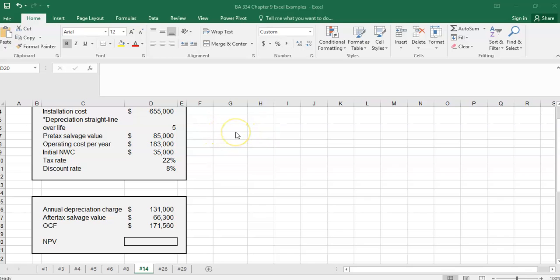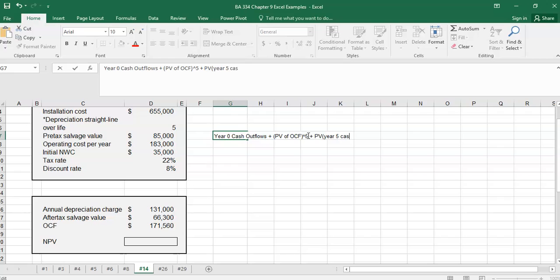So first way is our initial, so our year zero cash outflows plus the present value of our operating cash flows for 5 years plus the present value of our year 5 cash inflow.